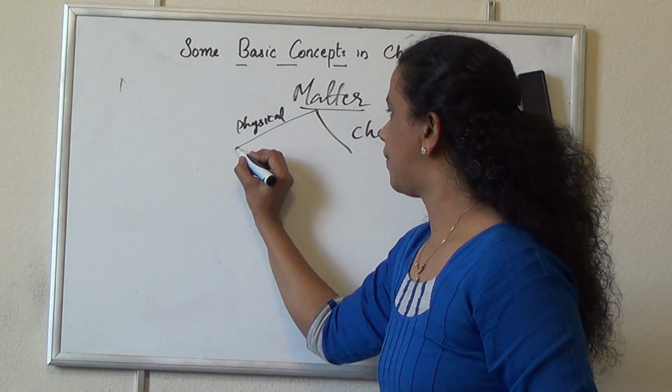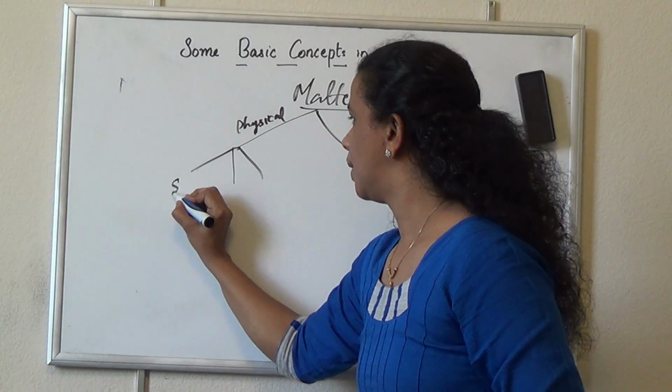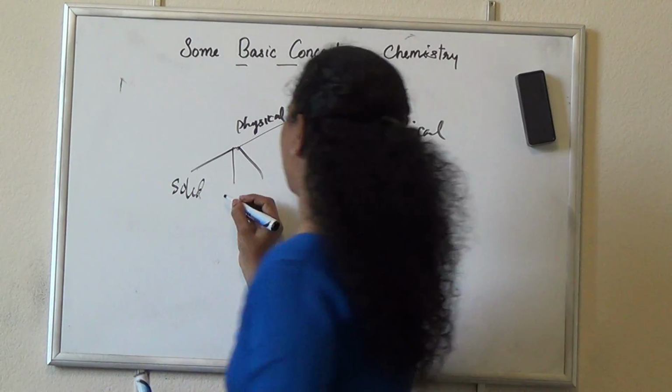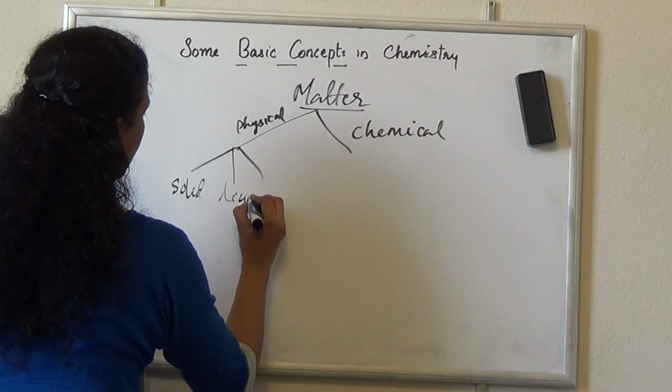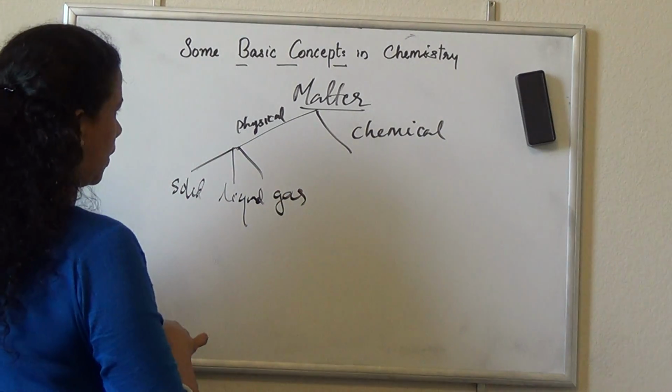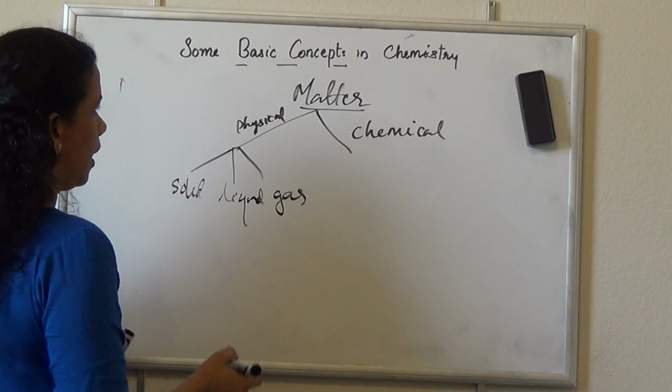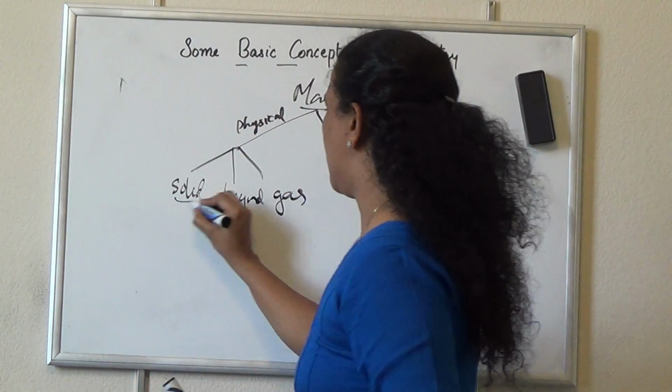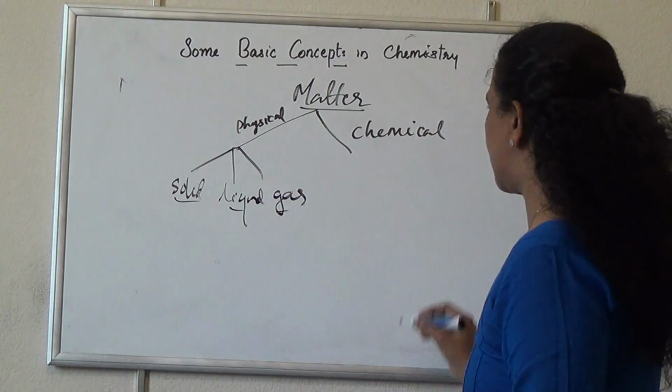Physically, they are classified into solid, liquid and gas. That is a simple classification. We know that other states of matter exist, but we are discussing only solid, liquid and gas.